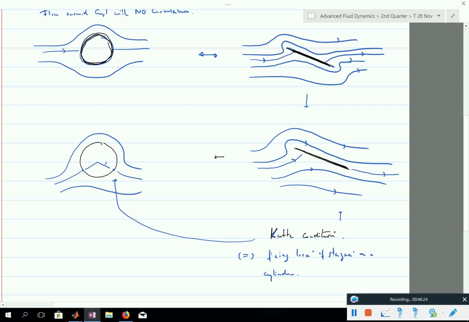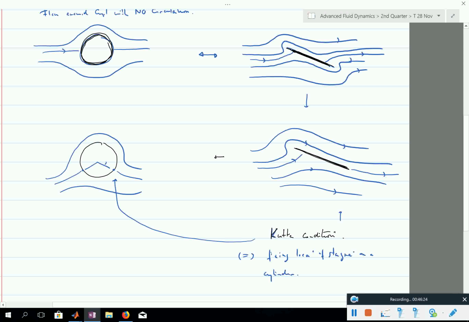So once you fix the location of the stagnation point, you're fixing the circulation and you're fixing the value of the lift. So this is also equivalent to fixing the value of the circulation.